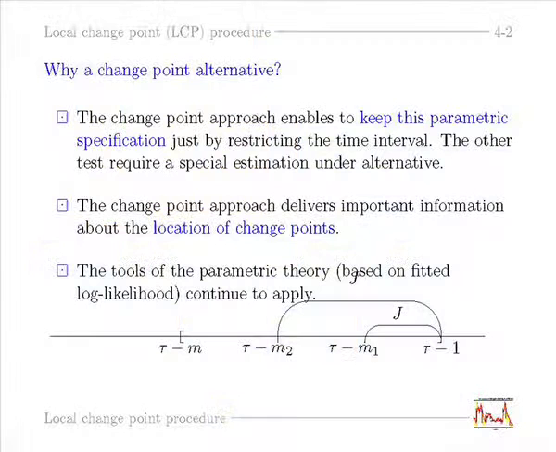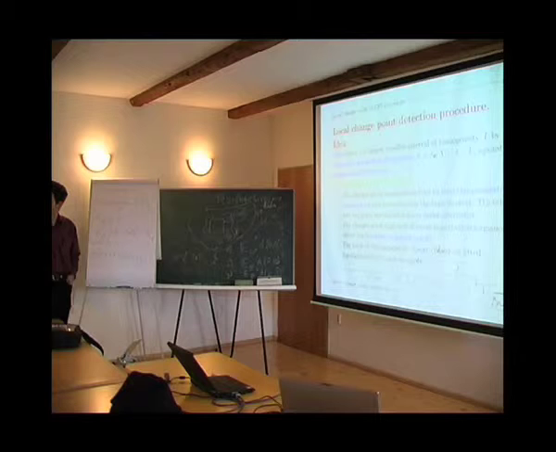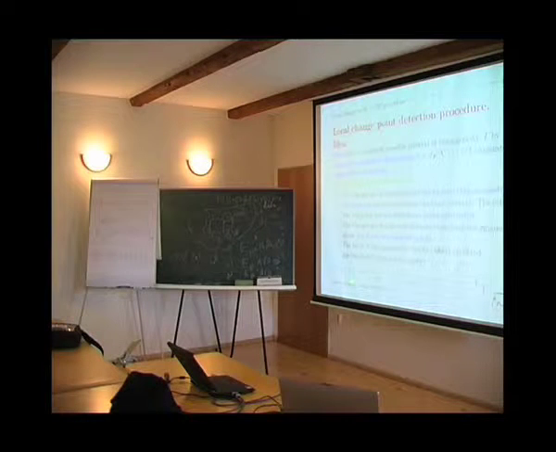This change point test delivers much more information. It not only says whether there is a change or not, but also when this change occurs, so it gives some indication of the change.